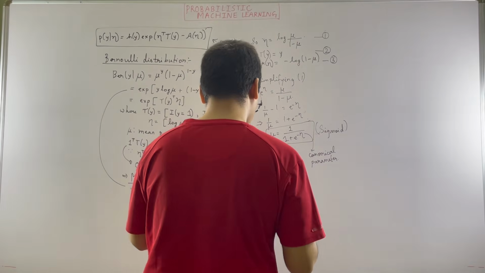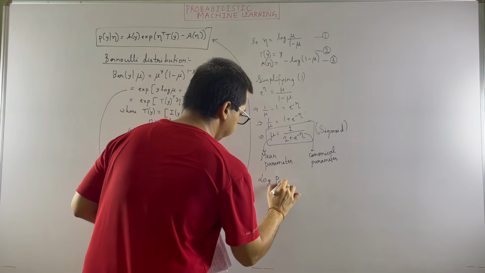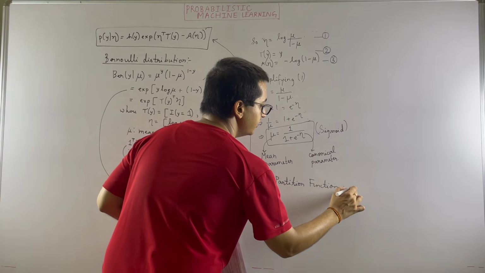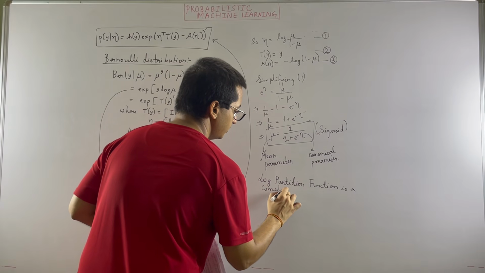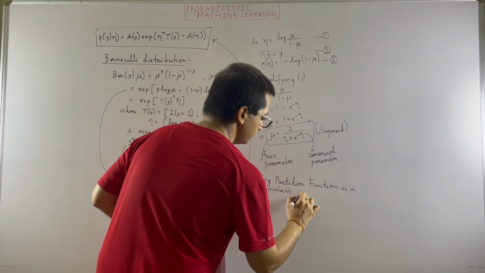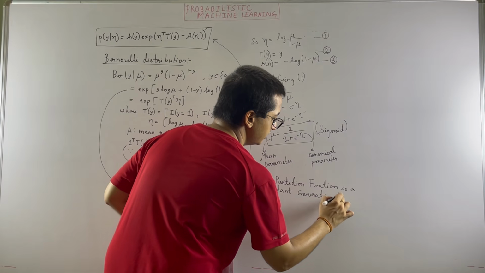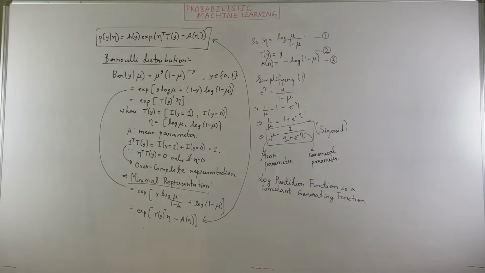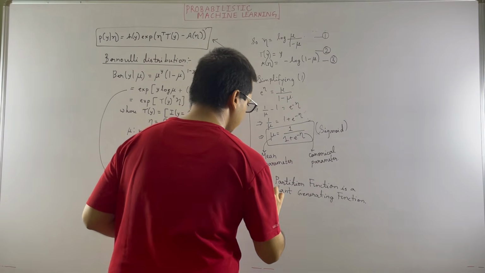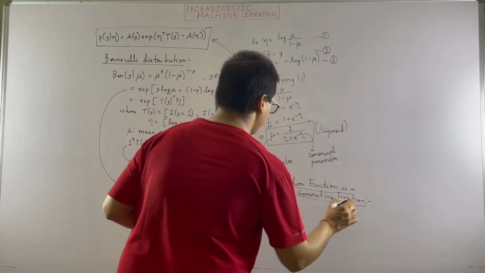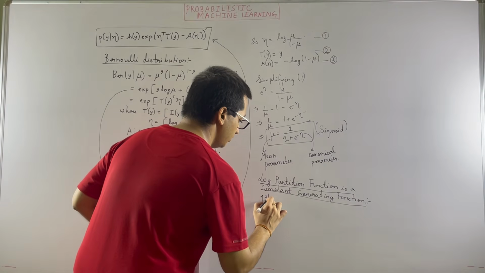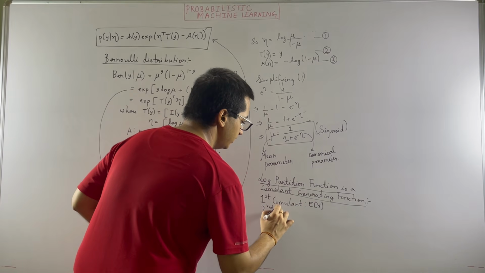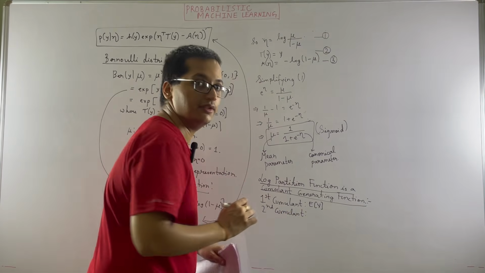All right. So log partition function is a cumulant generating function. Okay. The first cumulant of a distribution is its expectation or the expected value, and the second cumulant is the variance.